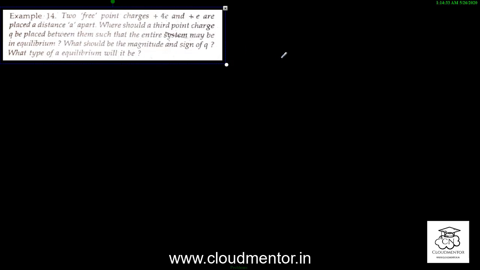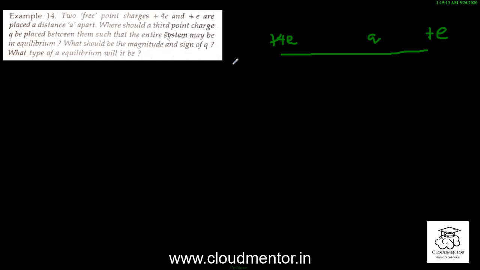Suppose the charges are placed as shown in this figure I am making here, that is plus 4e and plus e, and a charge is placed in between them, that is I am writing the q. So where should a third point charge q be placed such that the entire system may be in equilibrium? The entire system must be in equilibrium, right?